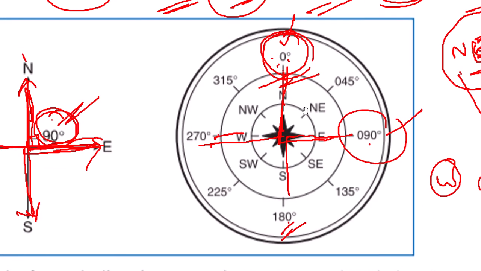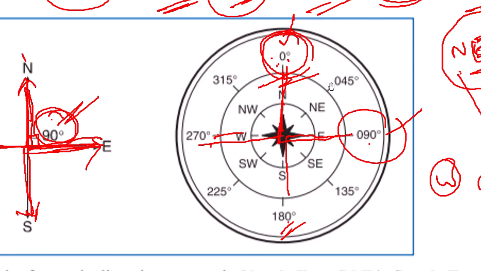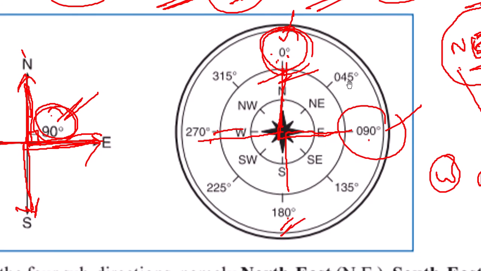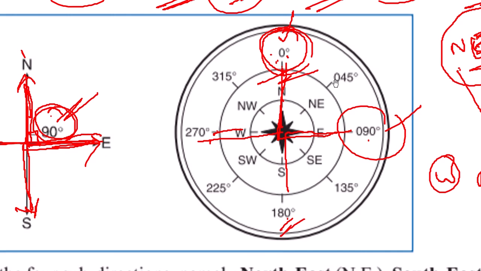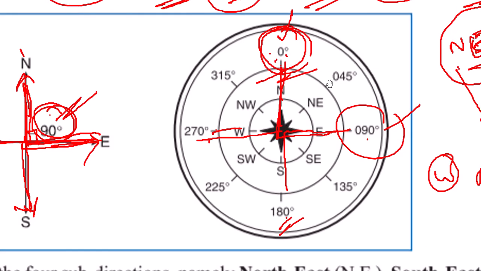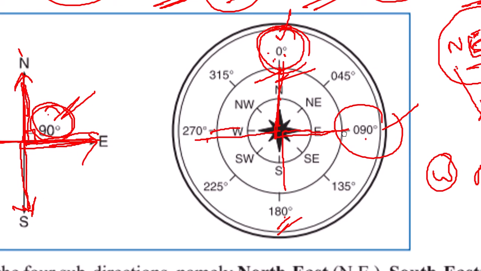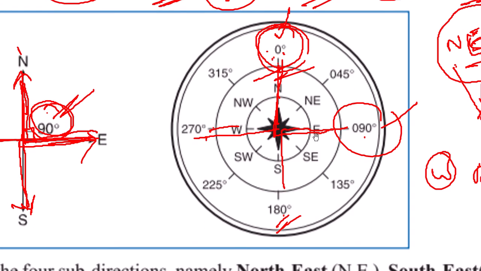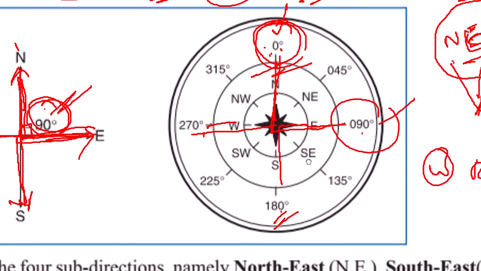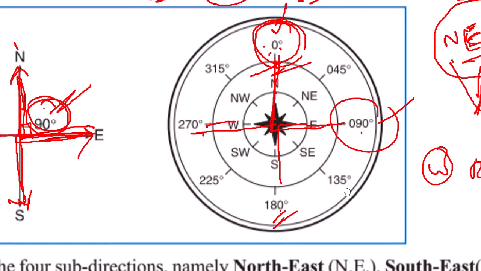Between north and east, we can define one more direction, which is called northeast, at 45 degrees. Between 0 degrees and 90 degrees, we have 45 degrees. So with an inclination of 45 degrees, we can denote the northeast direction, which lies between north and east. In the same way, between east and south, we can denote another direction called southeast, represented by 135 degrees.